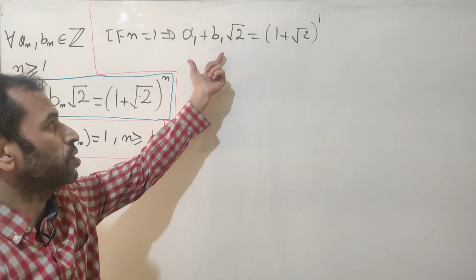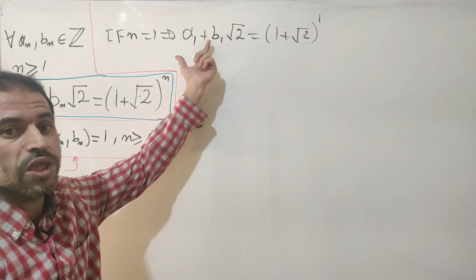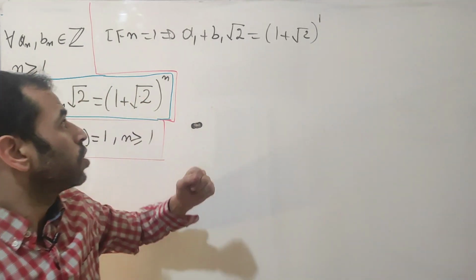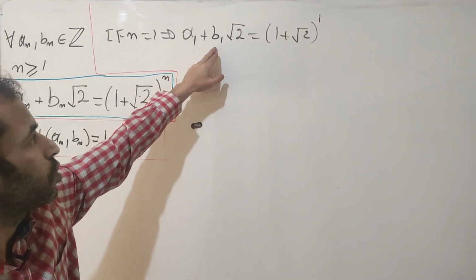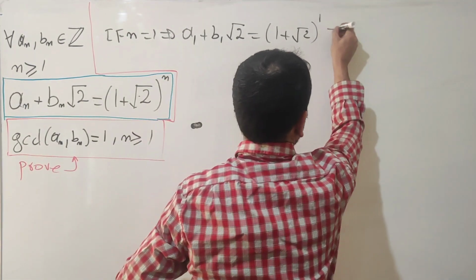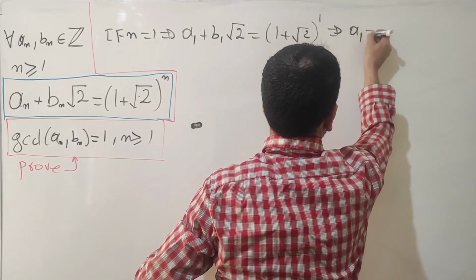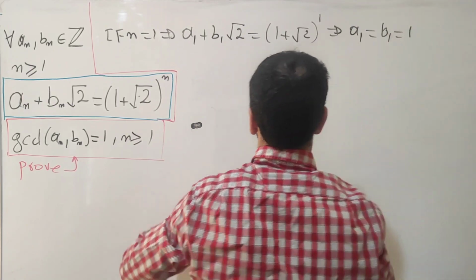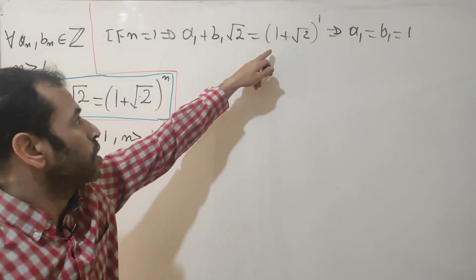If you take a look at this expression, it's clear that e sub 1 equals b sub 1 equals 1, because as you replace n with 1, you get the same thing here.